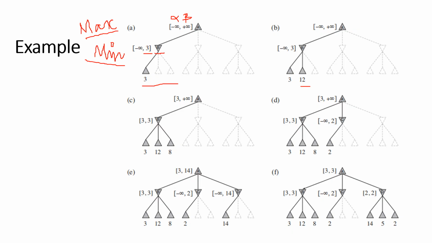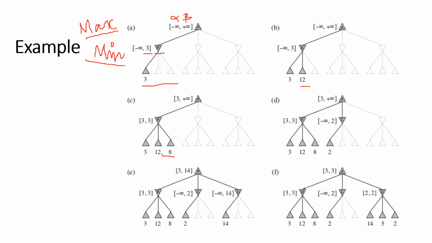When we compare 12 and 3, 3 is still the minimum, so there is no change. So the value of B is still at most 3. Then the third leaf node of B is 8, and its value is 8. And we have seen all of B's successors, so the value of B is exactly 3.